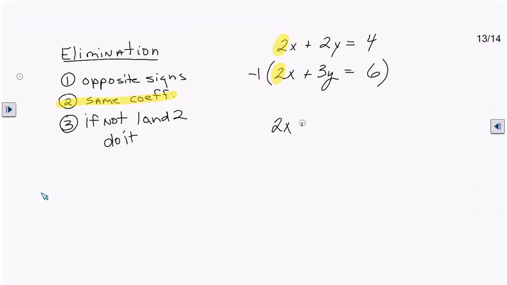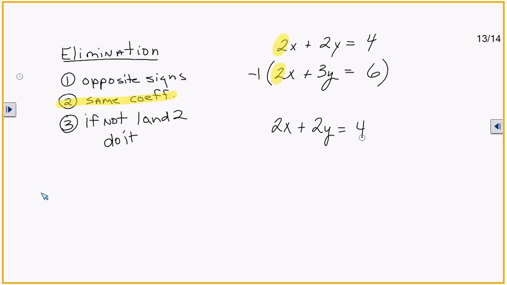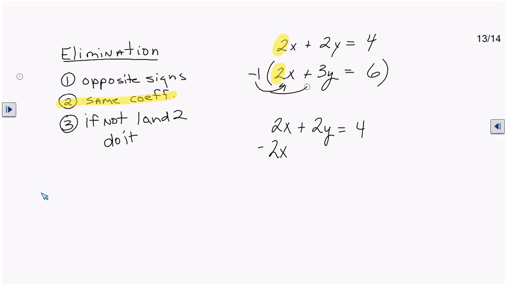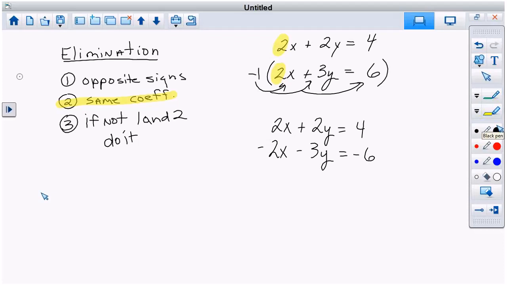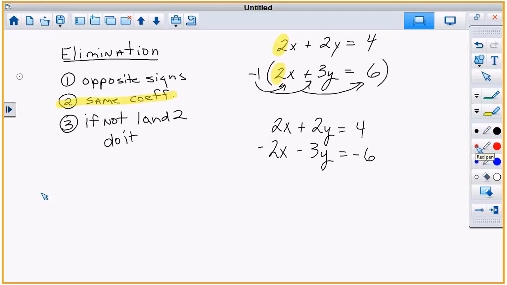2x plus 2y is equal to 4. And negative 2x minus 3y equals negative 6. And what happens to the x terms? They eliminate.